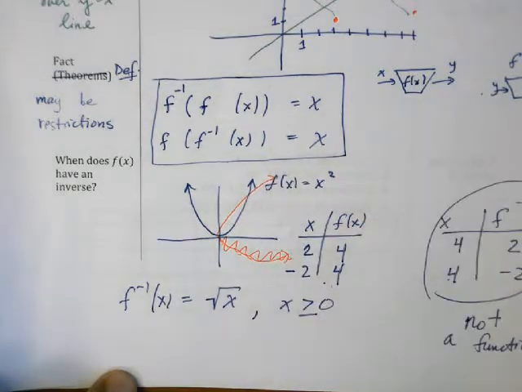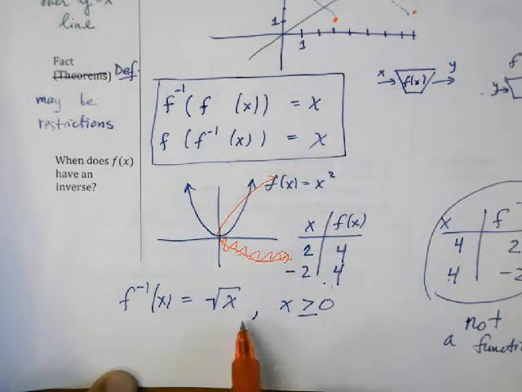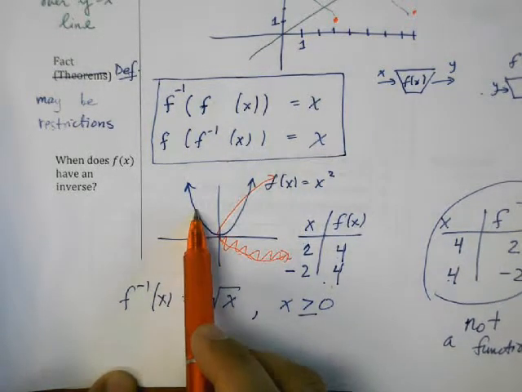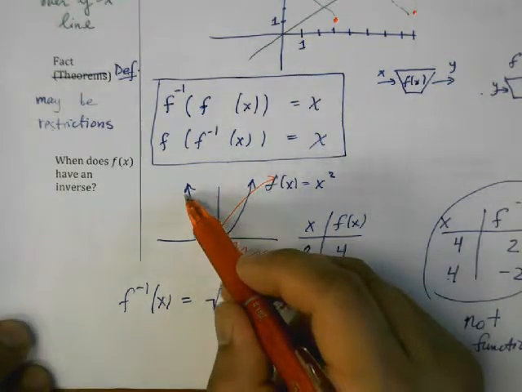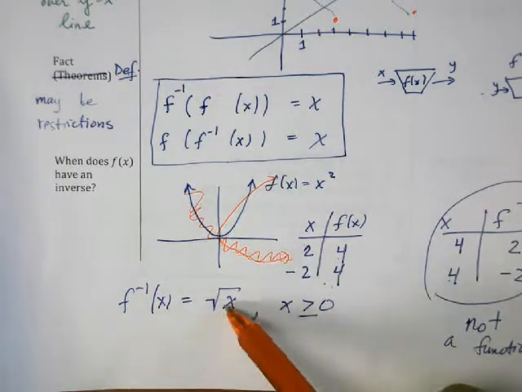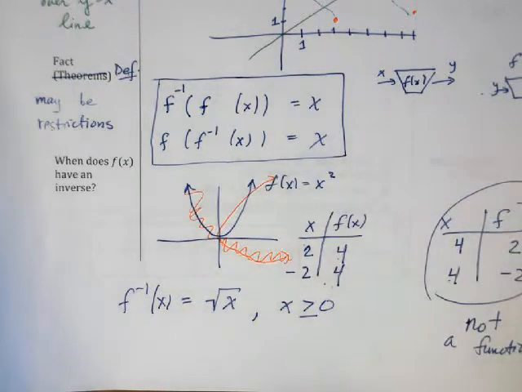So we give this the restriction that this inverse is only the inverse of the original function whenever x is a positive number. In other words, we choose to ignore part of the original graph and just say the rules of the inverse here apply only when x is a positive number. So this is what I meant up here when we said that there may be some restrictions.